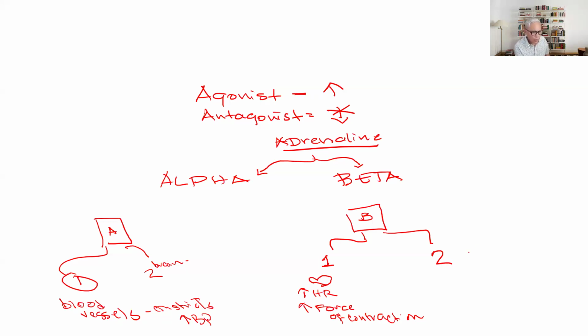Beta 2 are doors or receptors that are abundant in the lungs. And epinephrine, when it goes into the lungs, is going to cause bronchodilation.